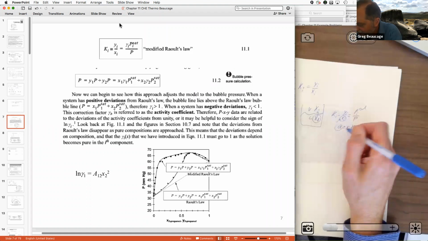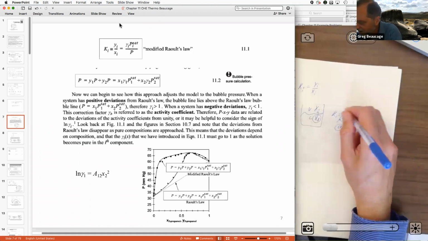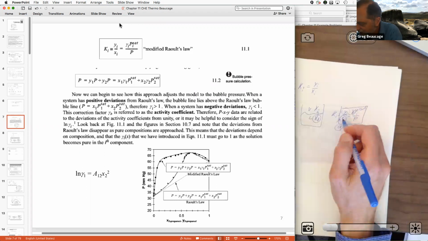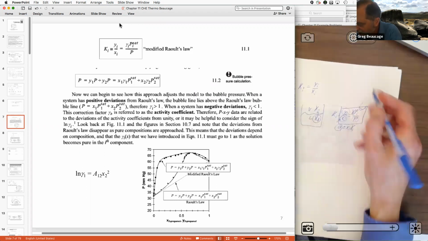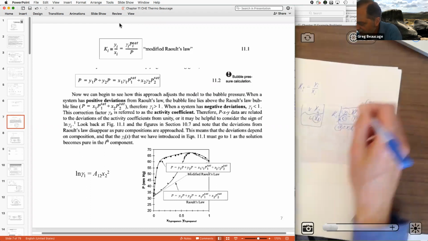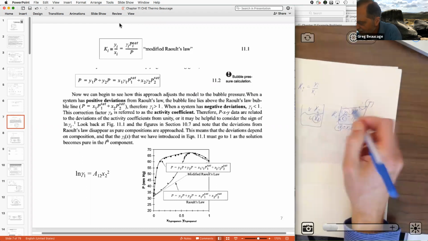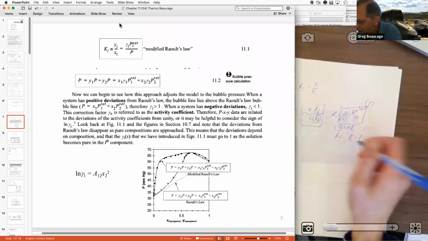So we can put gamma i here, and then we can get that expression. It gives us the experimentally accessible numbers: the mole fraction in the solution, the mole fraction of the vapor, the pressure that we can measure, Psat is a function of temperature, and then gamma i is the thing that makes it non-ideal. So if gamma i is 1, that's Raoult's law.